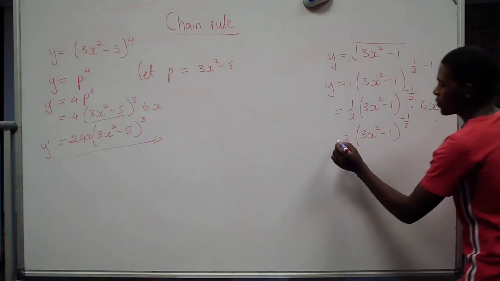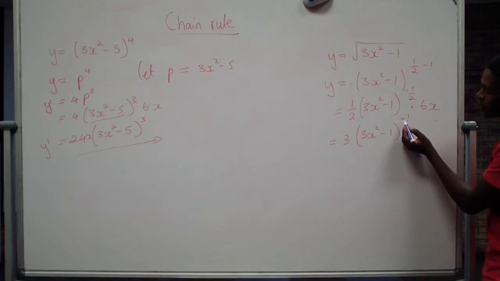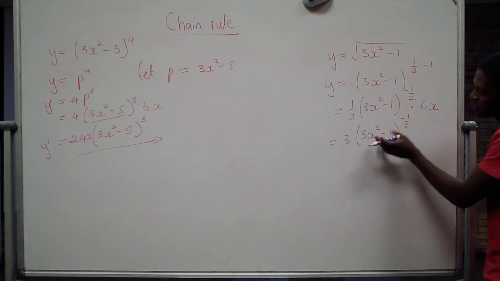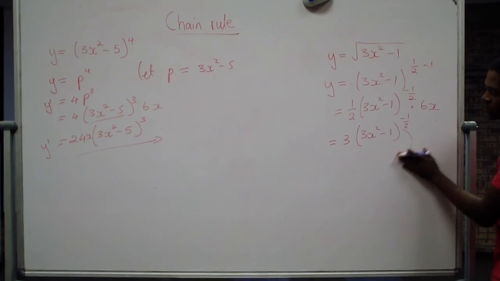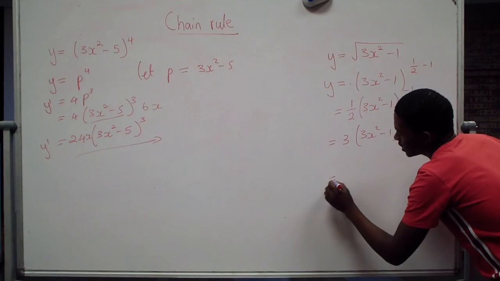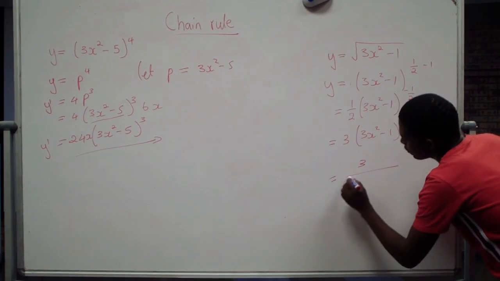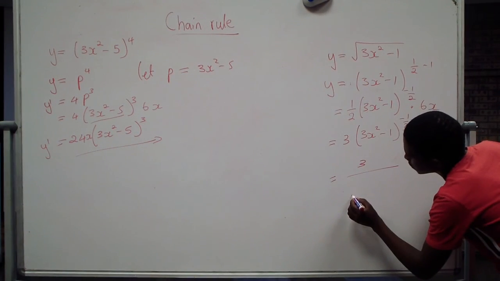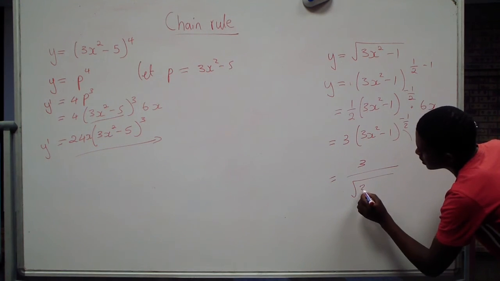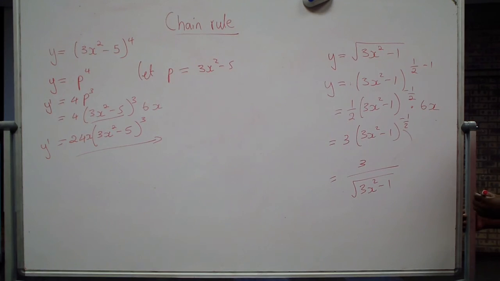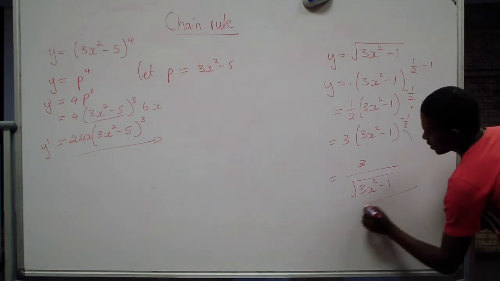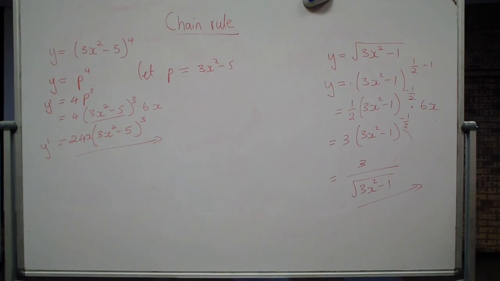Since when you're deriving, you shouldn't have a negative exponent, I will take this and make it positive and make it my denominator. So I'll write it as 3 over the square root of 3x squared minus 1. Then this should be my answer.